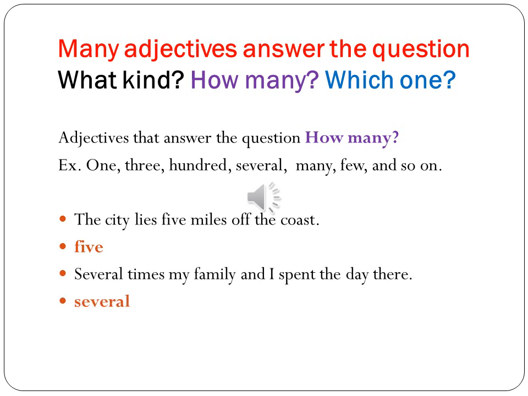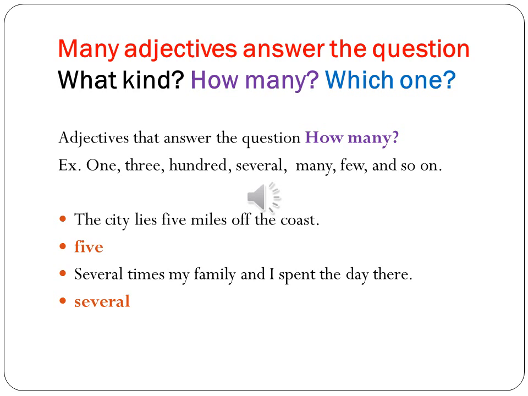Adjectives that answer the question how many. All the numbers are adjectives if they are used in the sentence as adjectives, meaning that there is a noun following them: 1, 300, million, and also these words: several, many, few, some. All these are also adjectives that answer the question of how many.